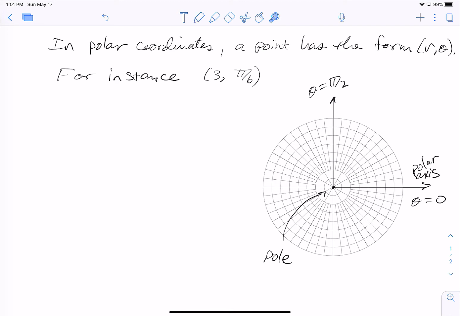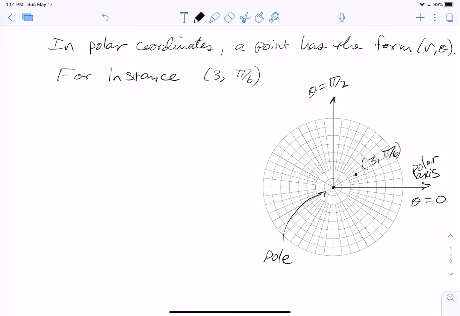The point (3, pi over 6) is on a ray that has an angle with the x-axis of pi over 6, and then 3 units out on that ray. And so our point (3, pi over 6) is right here. So 3 units out from the origin and 30 degrees up from the x-axis.